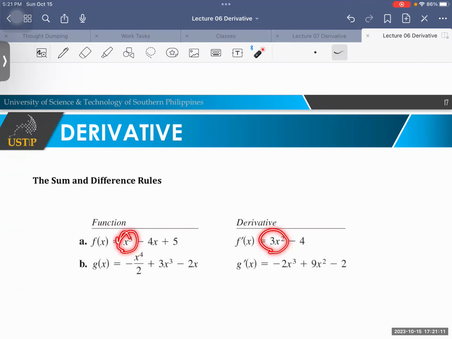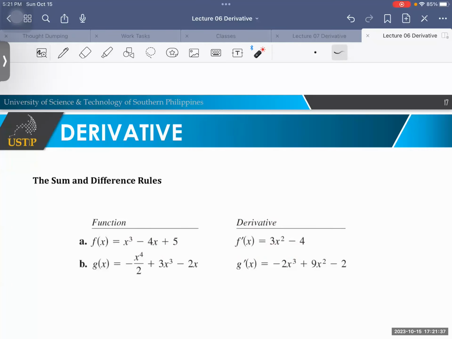Bring down 3, minus 1 ang 3 nga exponent, mahimo nang 2. That's why 3x squared. Ang negative 4x, mahimo rin nga negative 4. So kung naa kay x lang class, whatever is the coefficient, mao na always ang answer when you get the derivative. That's negative 4. And constant man, 0 na siya. So this is your f prime of x.